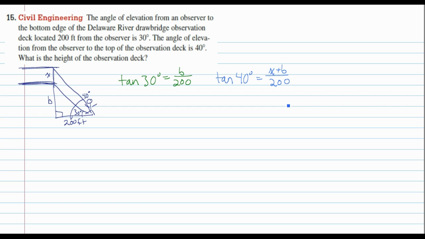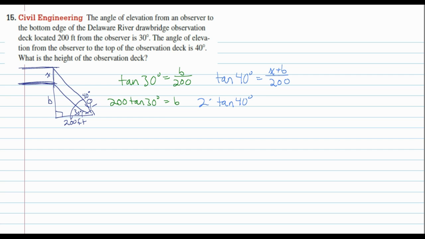Now what's nice in this one that we didn't have in the last example is that there's only one variable, b: 200 times the tangent of 30 degrees. I can plug that b value in for this b value. But first I'm going to solve for x on this side so that when I plug in the values for b, it's not as messy.